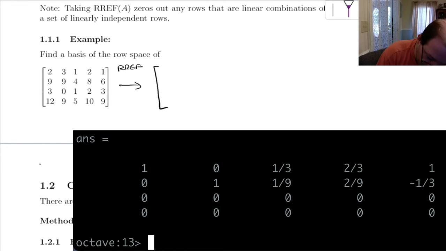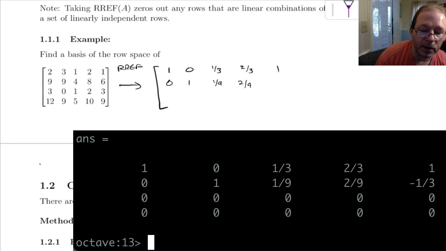So that top row is 1, 0, 1/3, 2/3, 1. Next row is 0, 1, 1/9, 2/9, and -1/3. Then we've got a bunch of zeros below it.